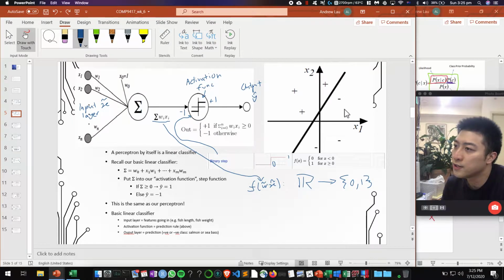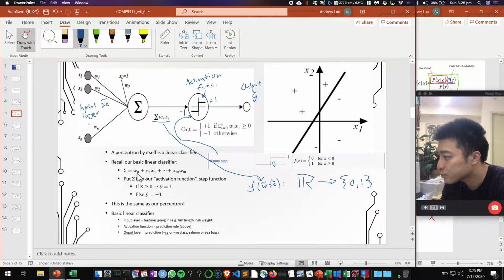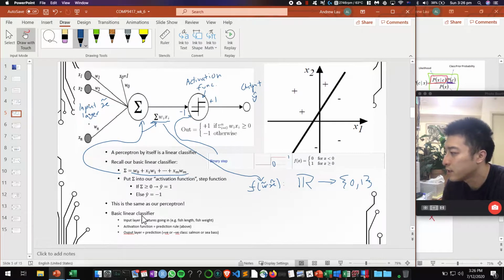You feed in your two features, you aggregate them together, you feed them through the activation function, and if you created a good classifier, it's going to classify the example as either positive or negative, and that'll be your prediction, right? So you can see here that sum there, that's this thing here, that's that guy there. You put it through and you just have some sort of classification rule.